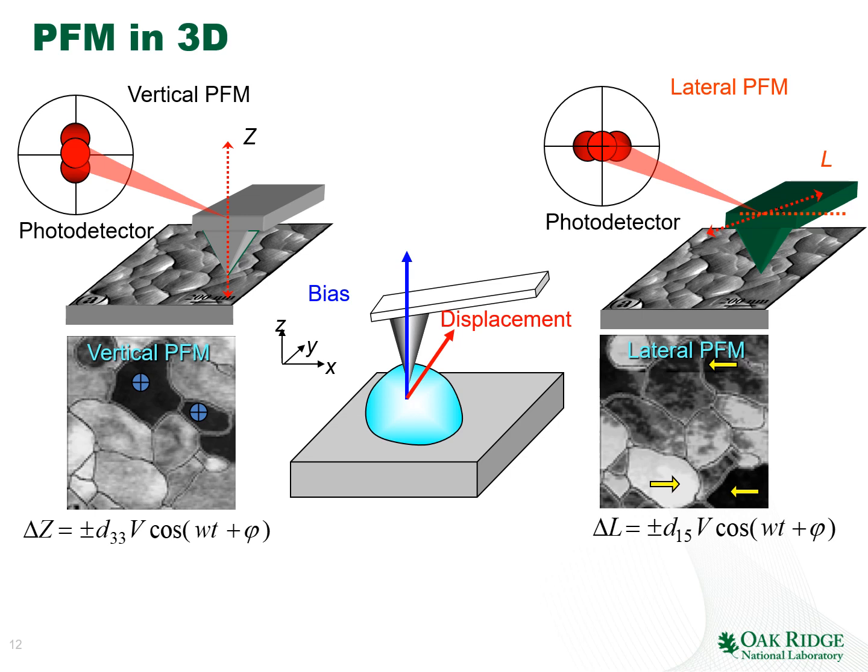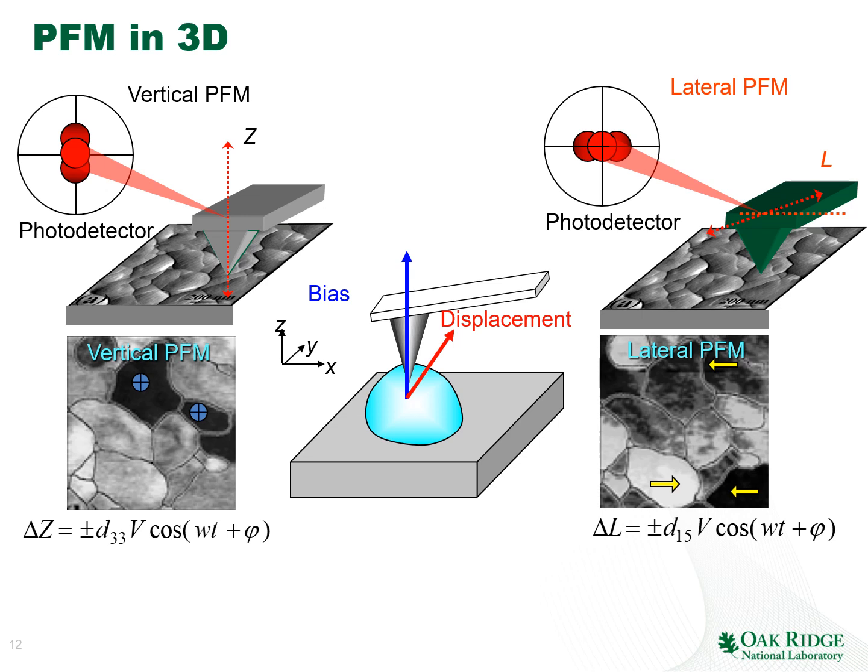And this is the example when we measure the lateral PFM, or the twisting of the cantilever. This is actually the same region of the material, and you can see that the data in the vertical and lateral PFM images is complementary. So vertical PFM, for example, shows these two black grains and all the other grains are gray.